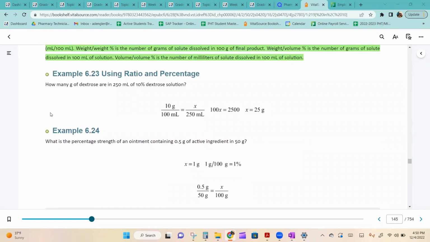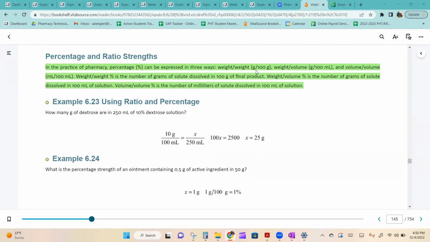So this problem: how many grams of dextrose are in 250 ml of 10% dextrose solution? So we are going to do a proportion. Looking at the 3 different ways, in this problem we have milliliters and grams.